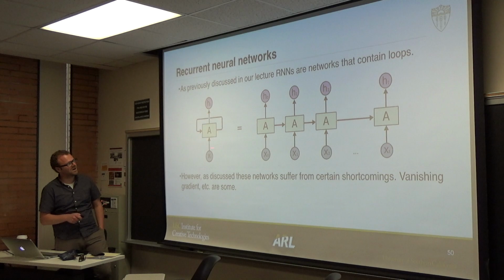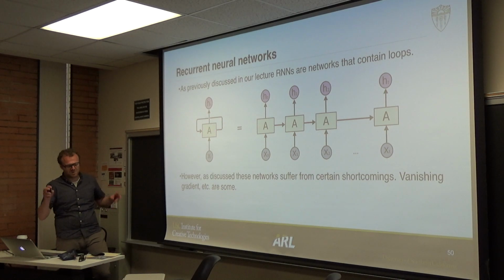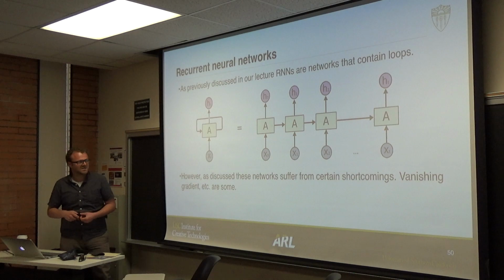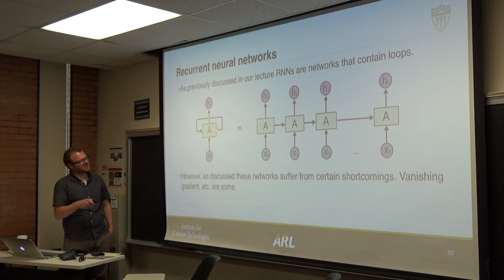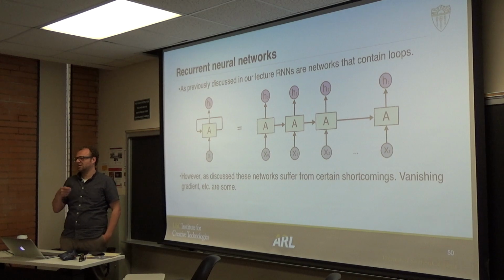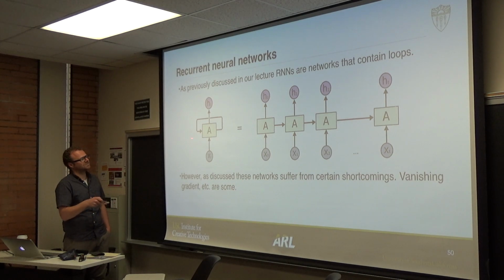LSTMs are recurrent neural networks. We talked about the fact that there's this state of the cells, which is the memory state. If the connection weights between the cell state and the input are zero, then it's not a recurrent neural network and the memory falls away.